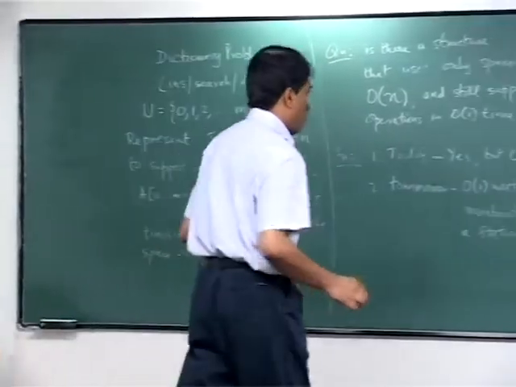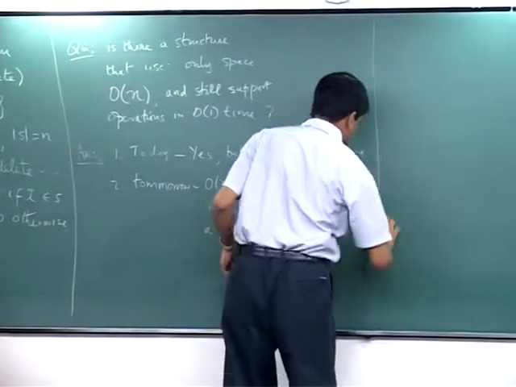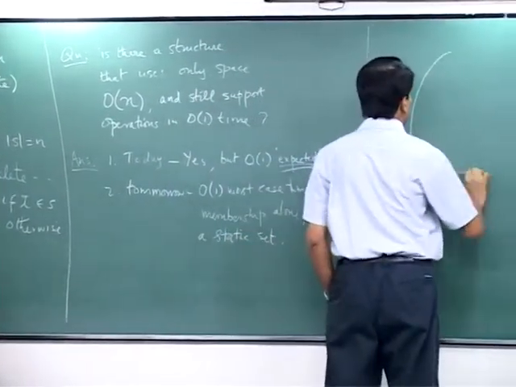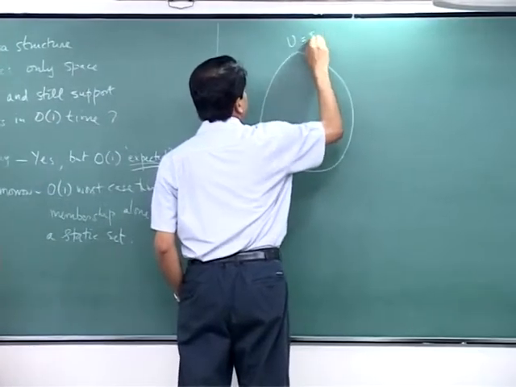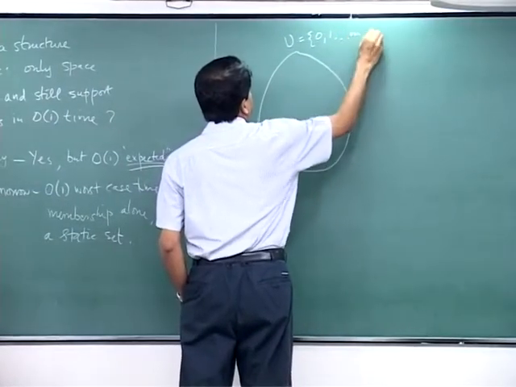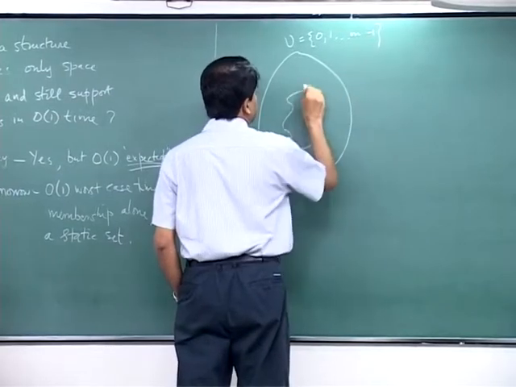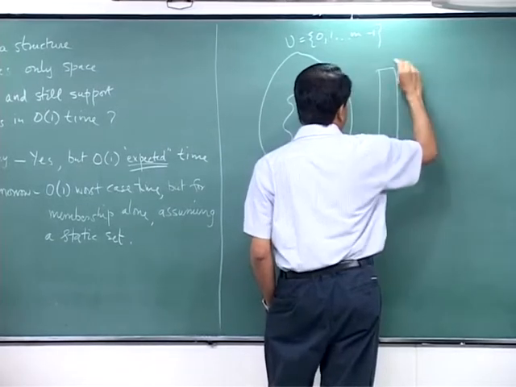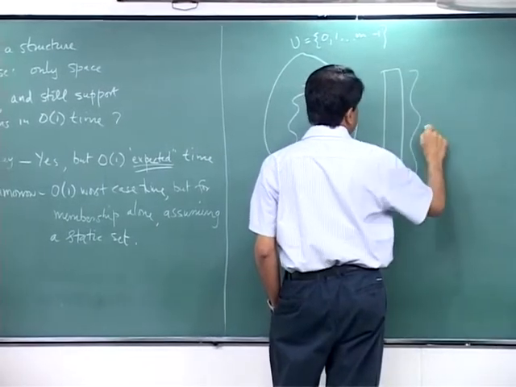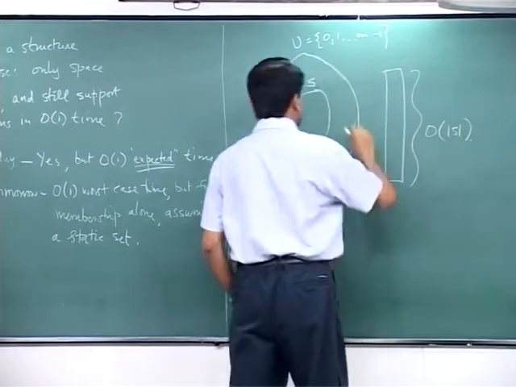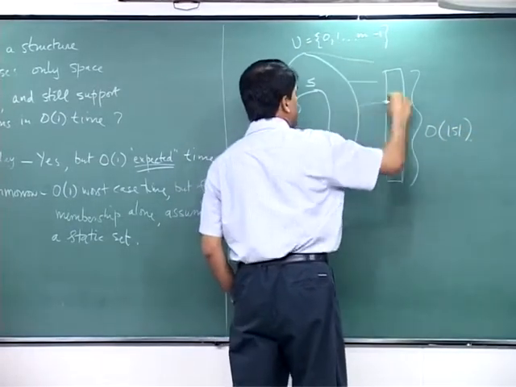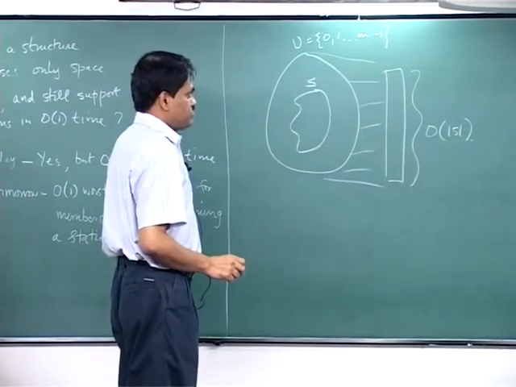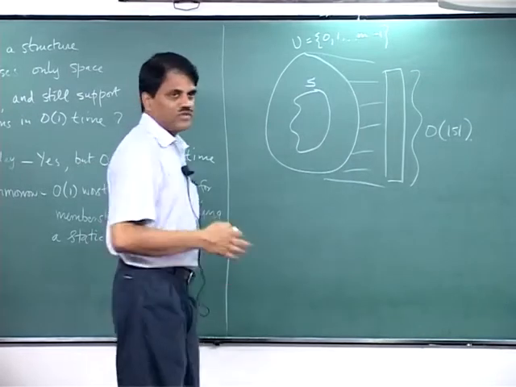So, the universe U that we are interested in, out of which there is some set which I want to represent, and I want to represent it in a table. So I want to actually map this entire universe into this. So I mean, you know what I'm driving at, right?